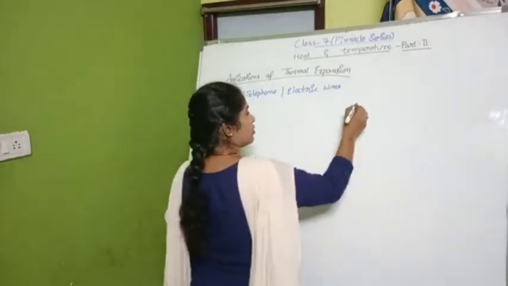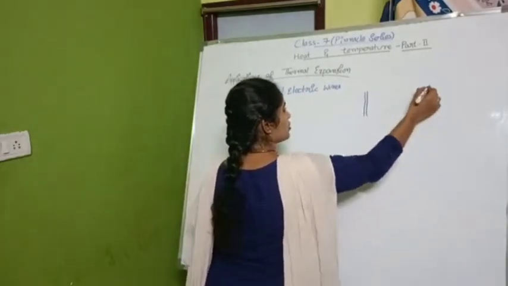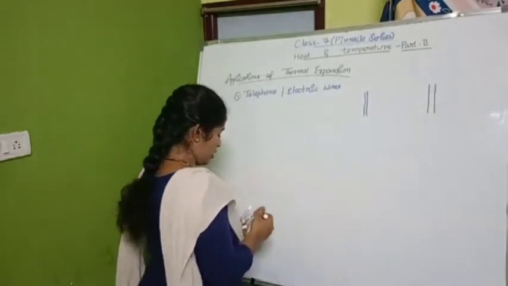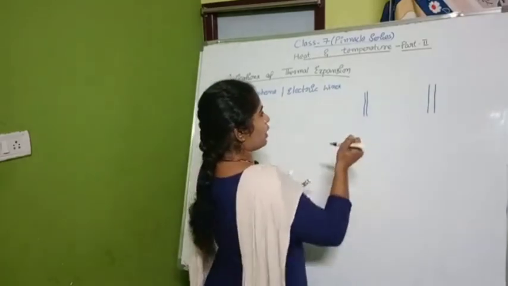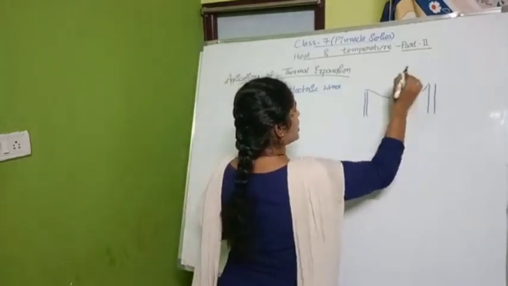If you have observed, these are the poles, and whatever wire is between the poles will be sagging.